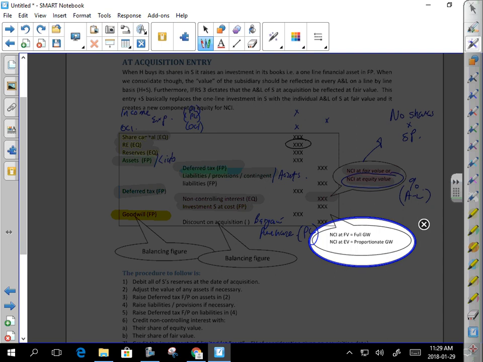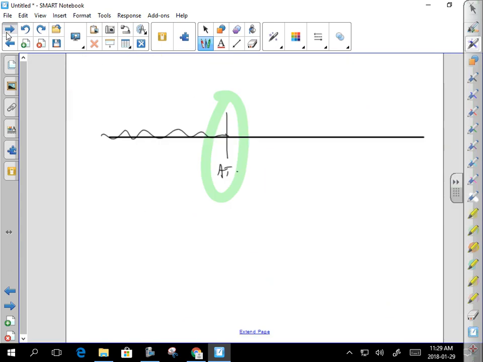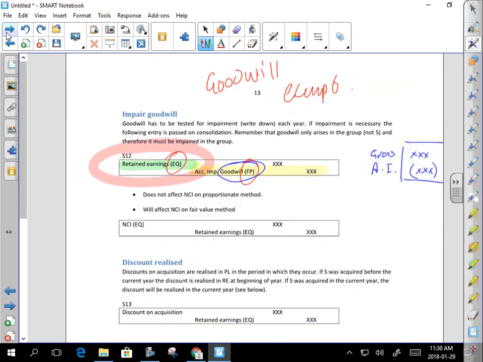Right, so if we are on the full goodwill method, the goodwill includes NCI share. It stands to reason then they should get a share of the impairment. If NCI are at proportionate share, the goodwill excludes anything NCI. It stands to reason they should not get a share of the impairment.